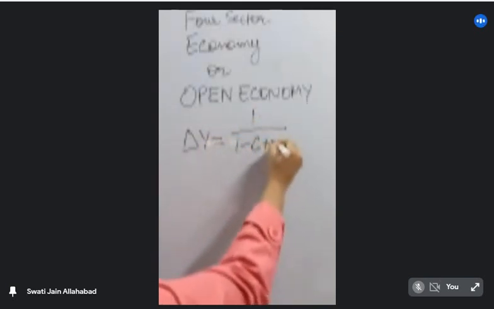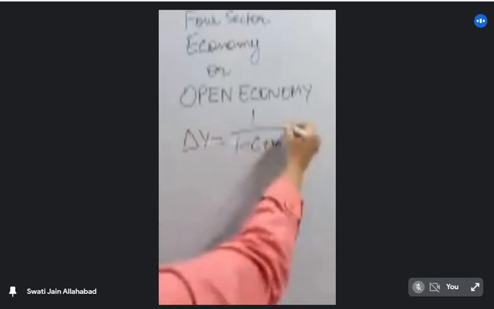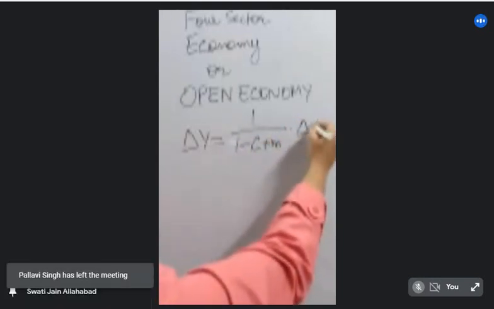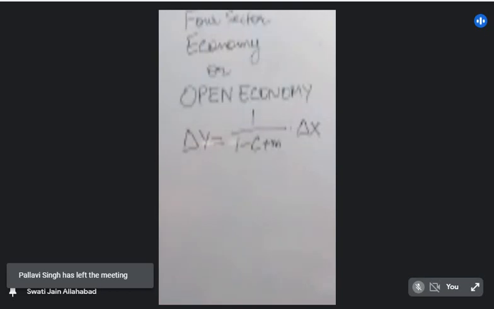What is the formula for the open economy multiplier? I'm writing this. Delta Y is equal to 1 upon 1 minus c plus m, multiplied by delta X. As you have been doing up to now, we are using the same formula.